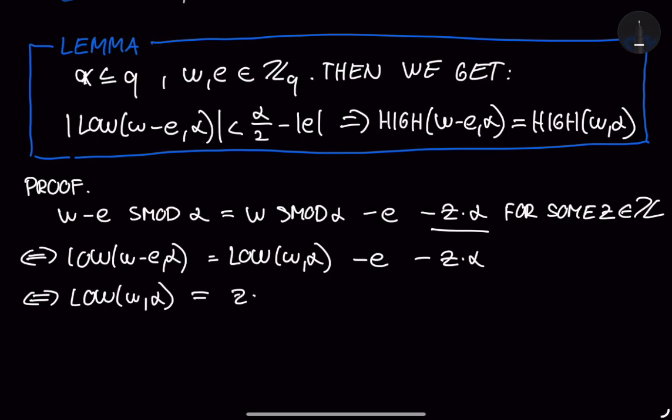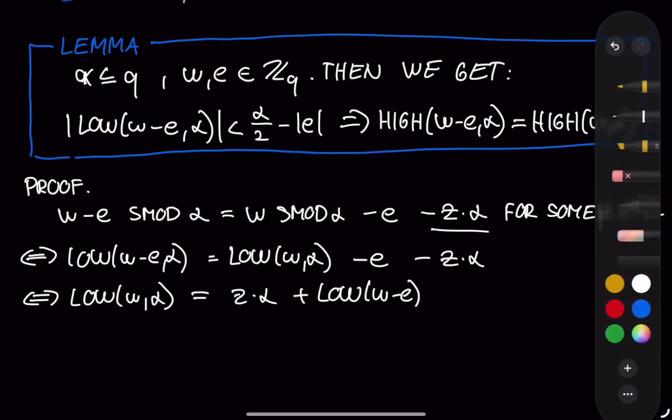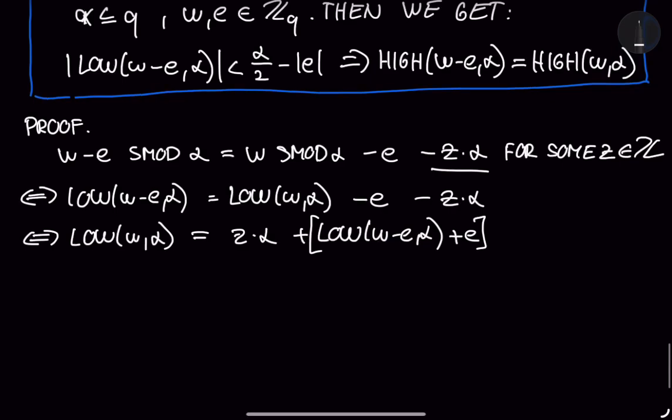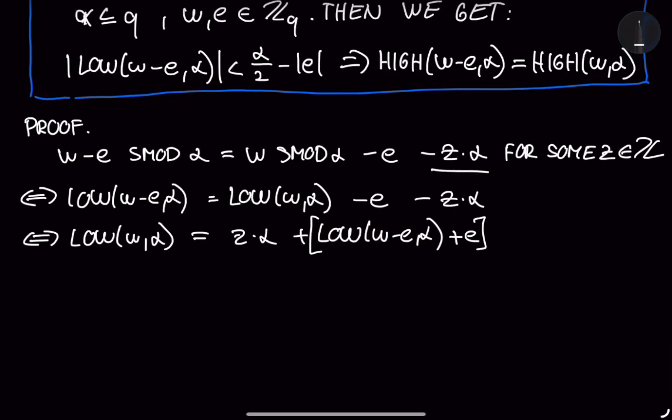And we get set alpha plus low W minus E alpha plus E. We can put some brackets around, and we now assume that the set value is non-zero.